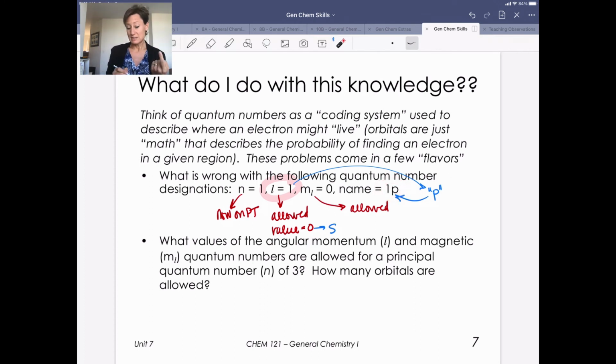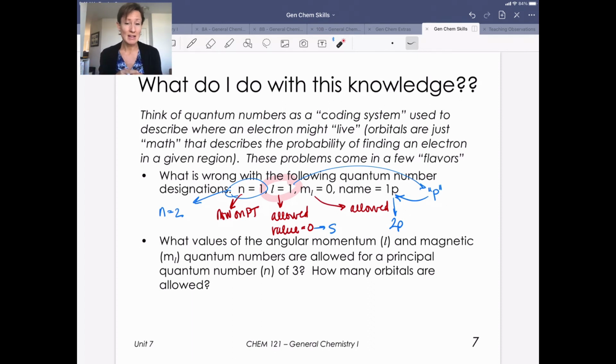So another way to ask this problem is, how could we fix this so that the code could be right? We could change this so that n was equal to 2. If we made n equal to 2, and then correspondingly changed that to be 2p, then this code could be right. I know I'm probably blowing your brain right now thinking about this. The only way to get good at this code is to practice.